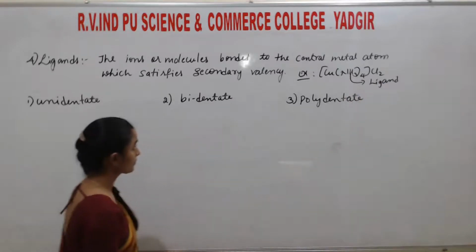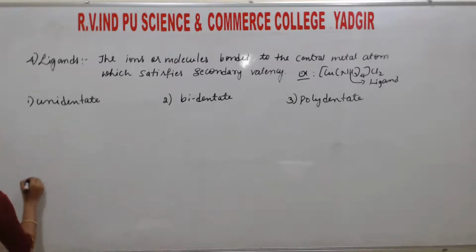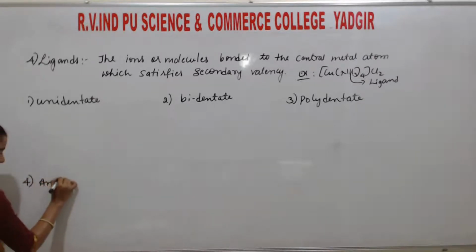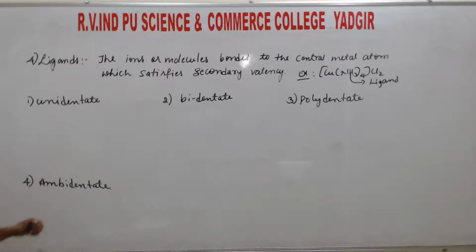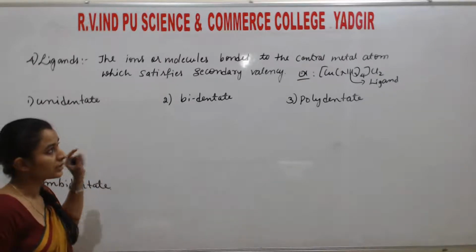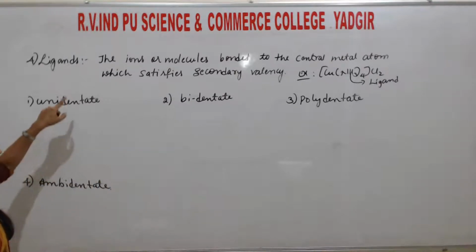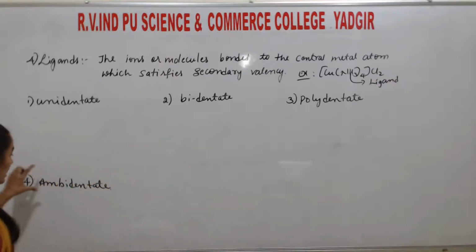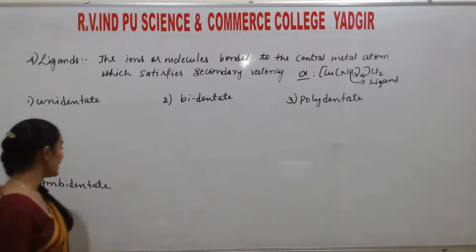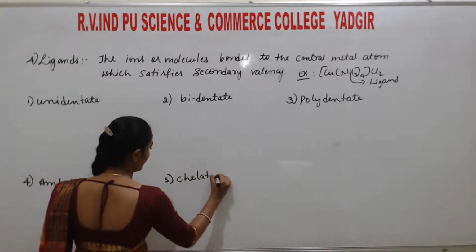Another classification is based on the nature of the donor atom, that is ambidentate. I'll explain one by one, students. Based on the nature of the donor atom, it is classified as ambidentate and also chelating. Another one is the chelating ligand.